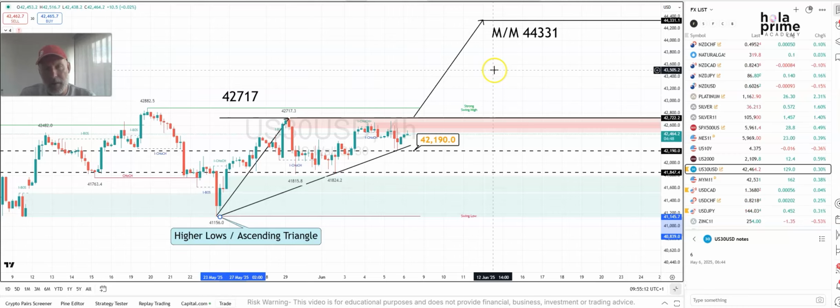What I am trading, the only thing I'm short of at the moment is nat gas, but what I am looking to trade is sterling dollar, euro dollar, the potential to buy dollar yen if we do see a dip, and US dollar against the Canadian dollar for a big picture analysis.